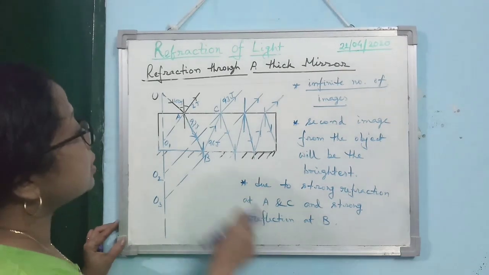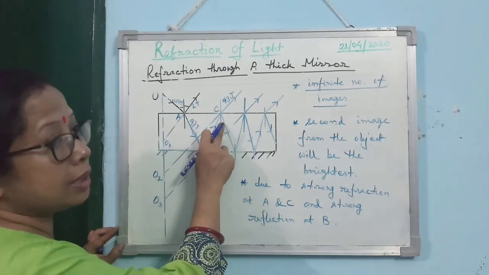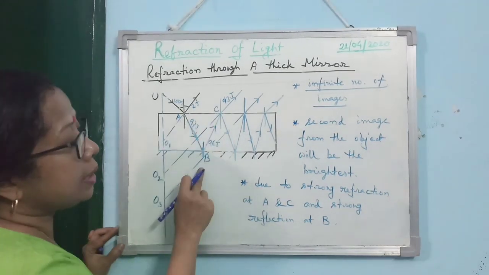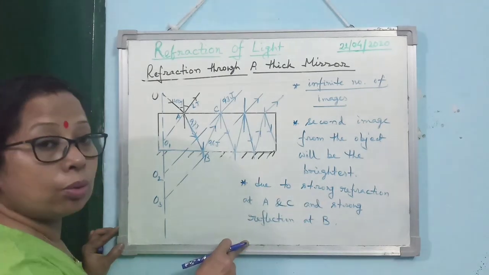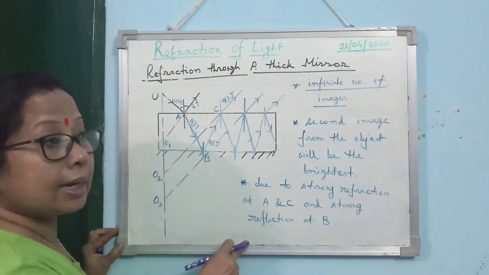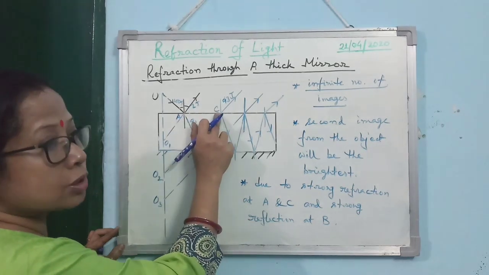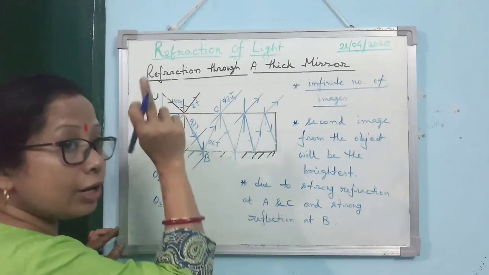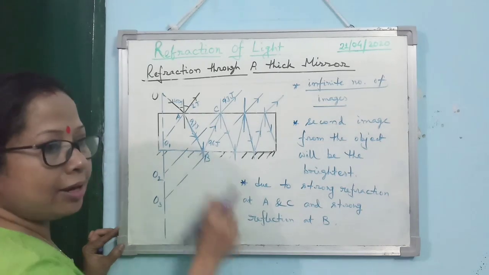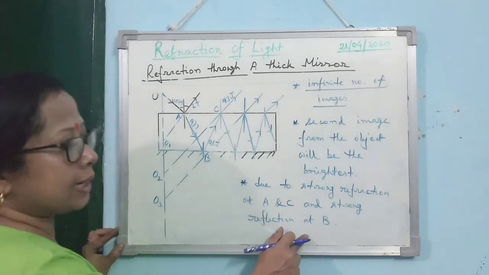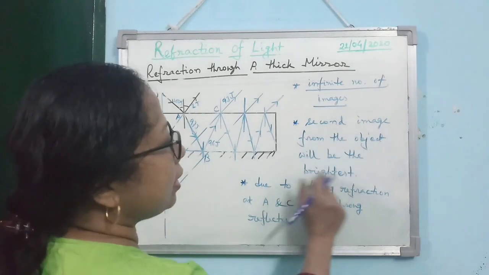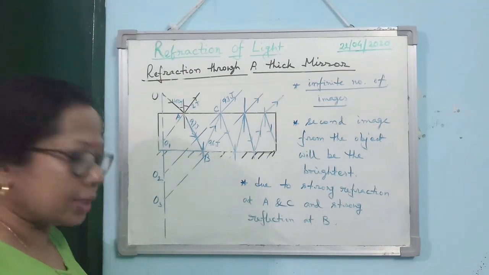But one thing, girls: here I have named them A, B, C, but if you name them differently and then write this, you know what will happen, so please take care. Understand the fact: at these 2 points the light ray is suffering strong refraction, and here the light ray is suffering strong reflection. That is the cause that the second image is brightest, not the first image.